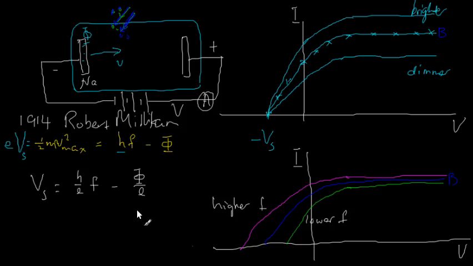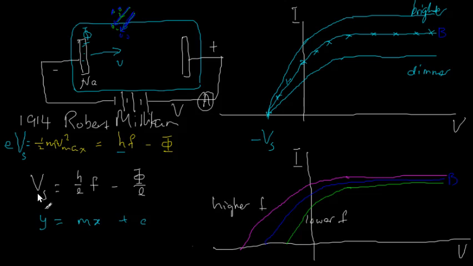Okay, so Einstein's equation looks like this. Now compare this with a straight line equation, y equals mx plus c, or b, depending on where you are. If you compare the two, you see that if we think of Vs as y and f as x, then h over e would just be the gradient, and phi over e would be the c, which is the y-intercept.